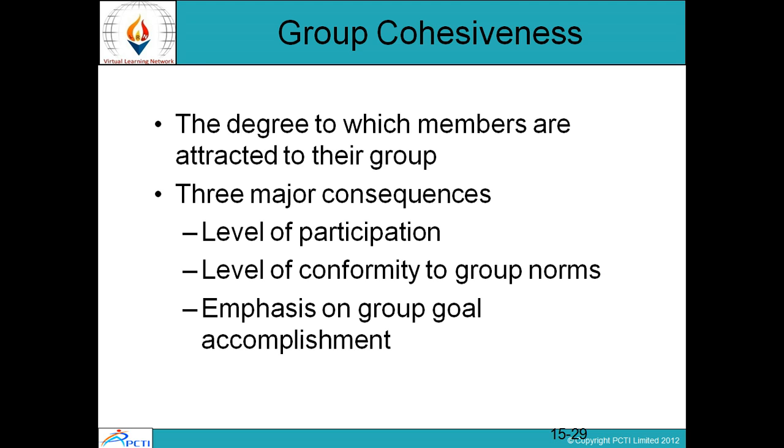Next term is group cohesiveness. The degree to which the members are attracted to their group, and which includes three major consequences. Group cohesiveness can be achieved with the level of participation, level of conformity to group norms, emphasis on group goals and accomplishment.